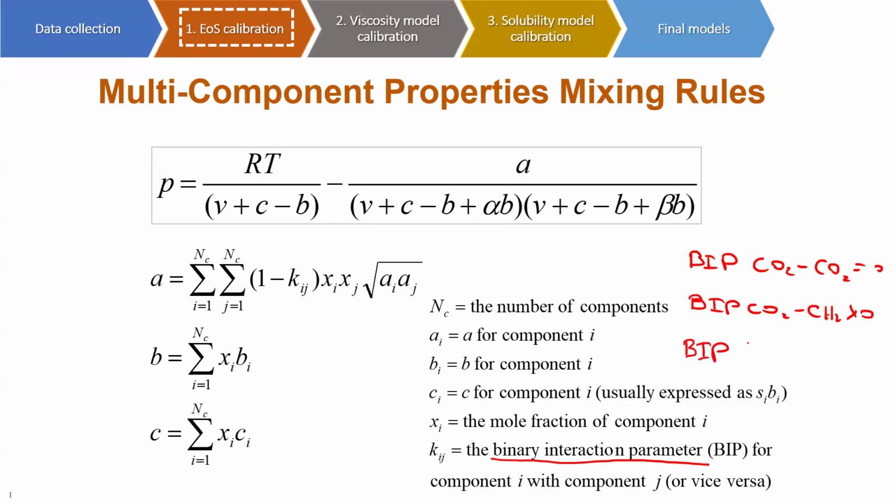On the other hand, the BIP between CO2 and a component with 30 atoms of carbon will be much greater than zero, okay? Typically, this will be 0.30 or 0.25, okay? So the more different the molecules are, the greater the value of the binary interaction parameter.